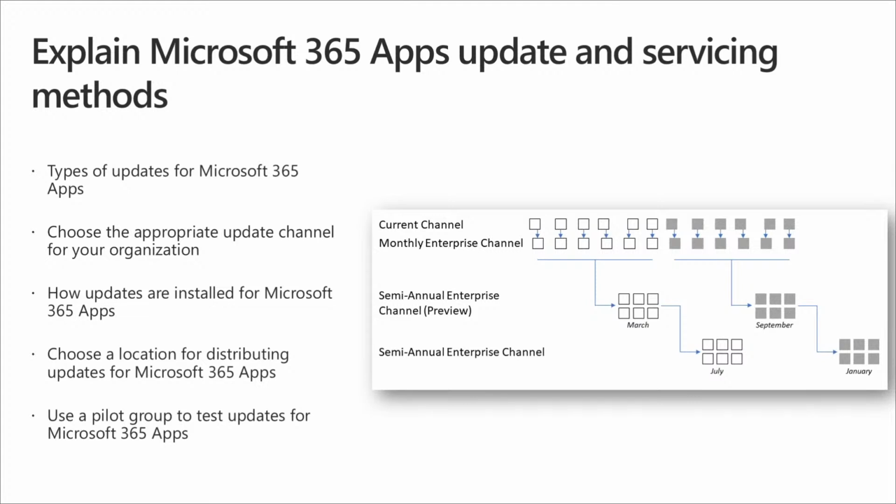You may also use the semi-annual channel. It's in preview right now, but it will be a much slower rollout, March and September, or the semi-annual enterprise channel, which is January and July, as you see here. If you don't make a decision, current channel will be the default, the one across the top.